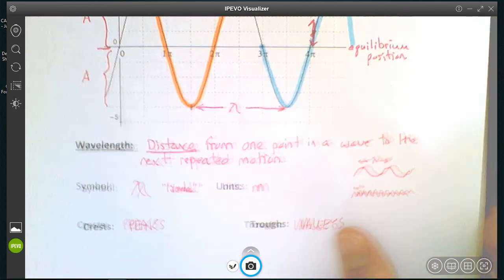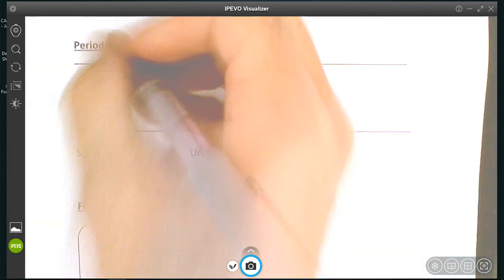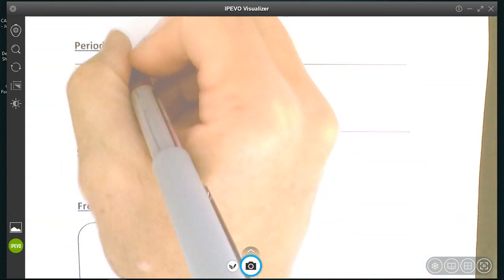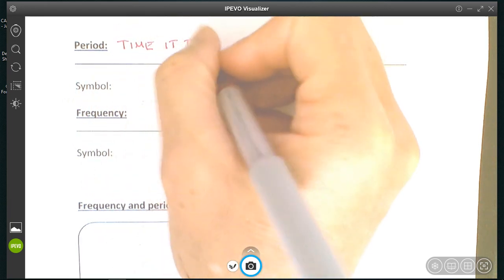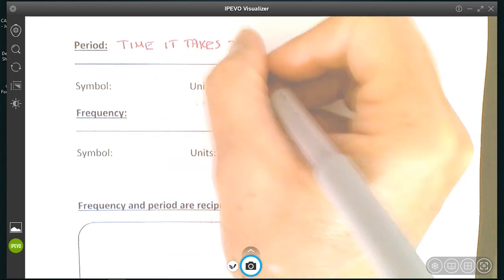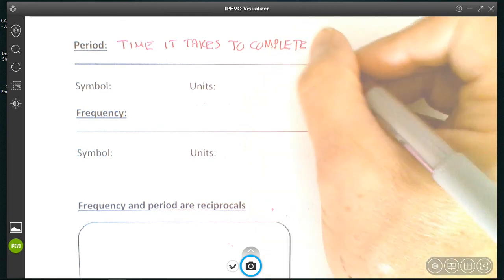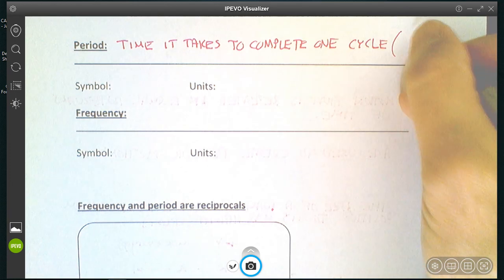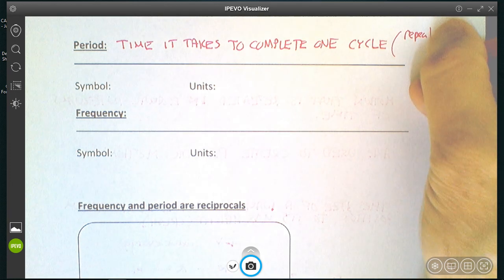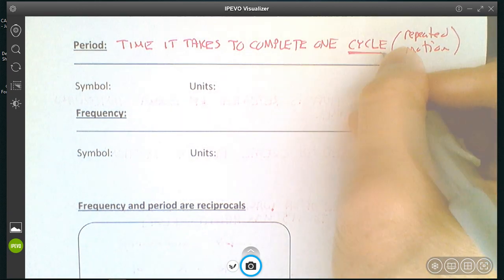Okay, what's another attribute of a periodic wave? Well, the period and something called the frequency. So period is the time it takes to complete one cycle. And if I say cycle, I mean repeated motion. Okay, so now you can see the word cycle.